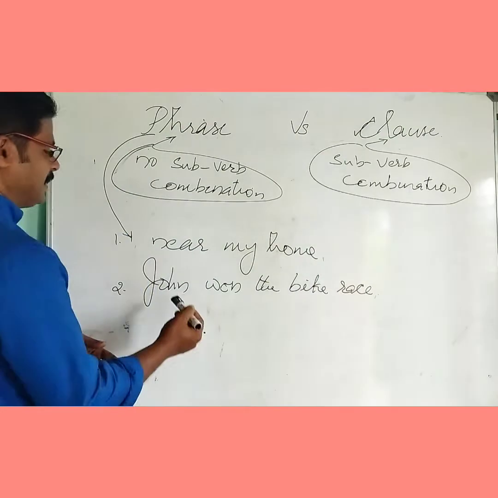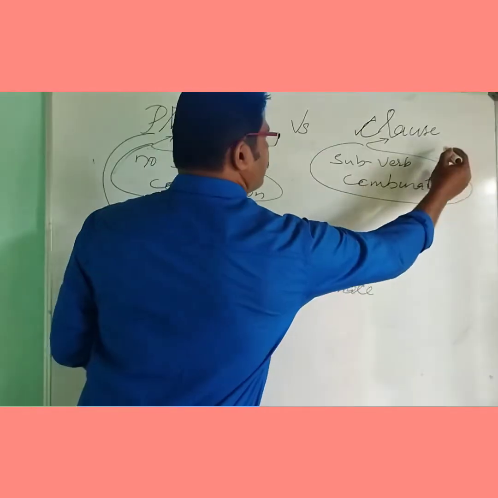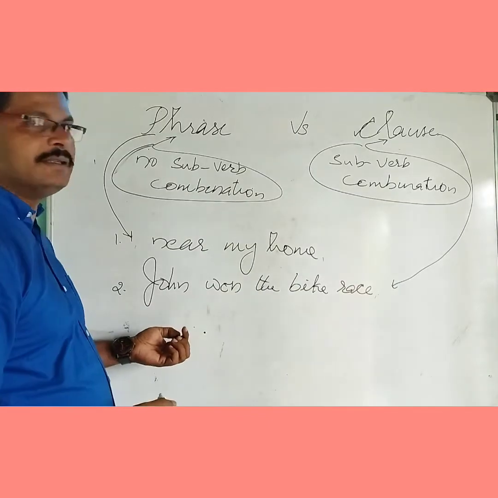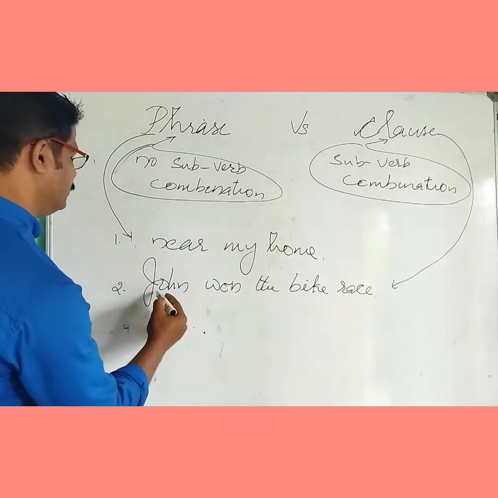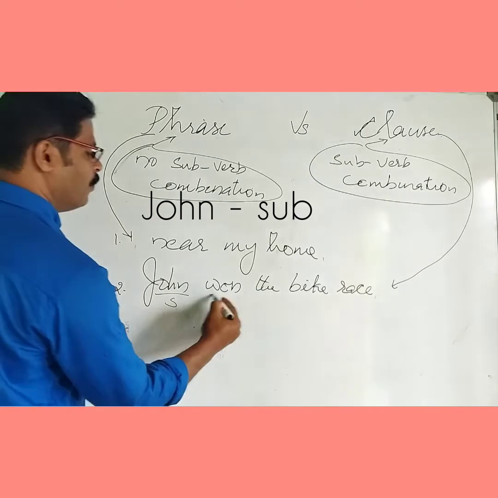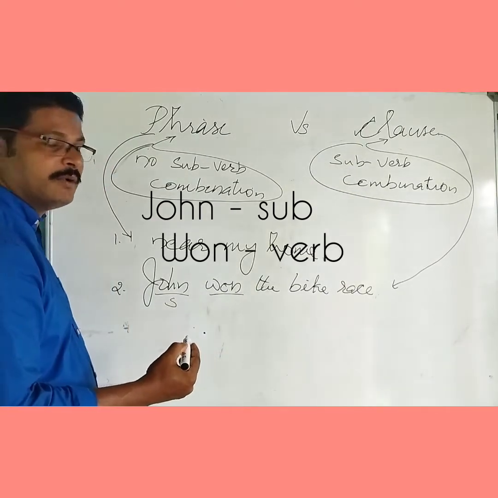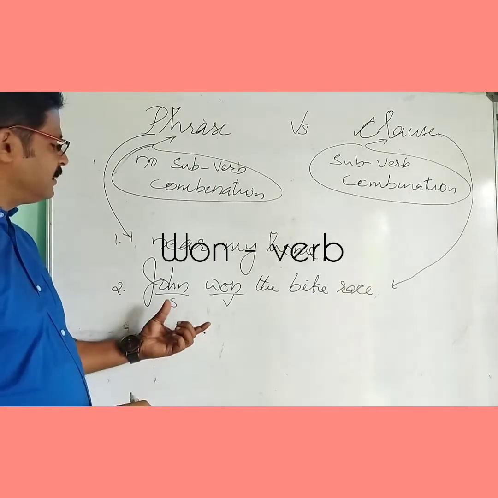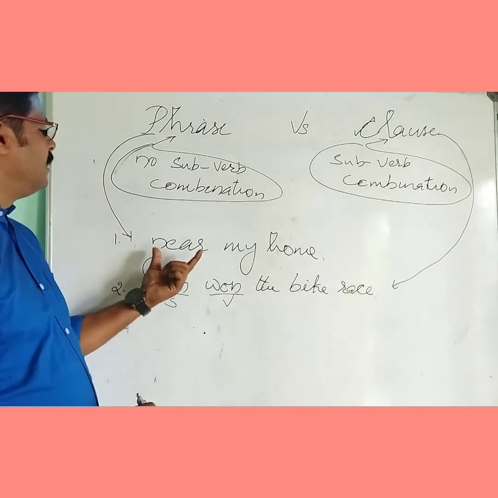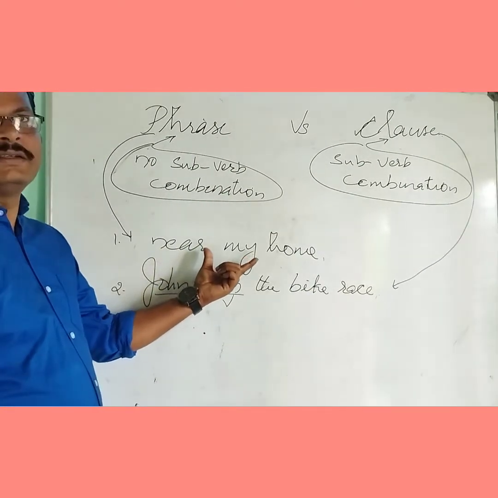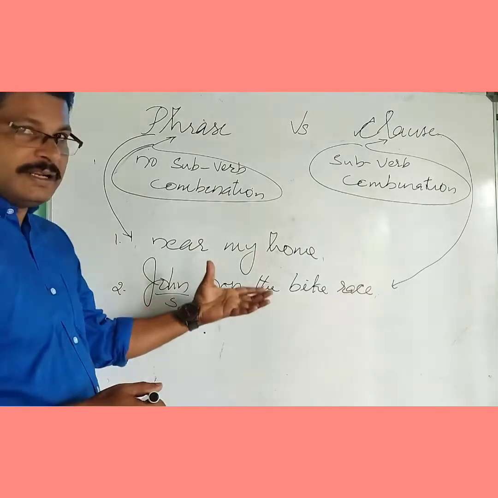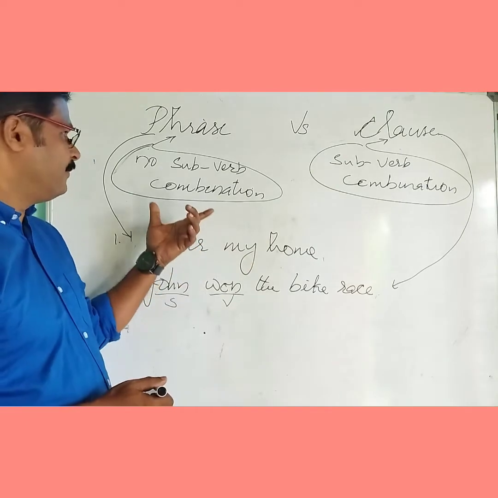The second one is a clause. John won the bike race is a clause. It has a subject, that is John. Won is the past form of the verb win. So it is a clause which has a subject-verb combination, and a phrase doesn't. That is the difference between a phrase and a clause.